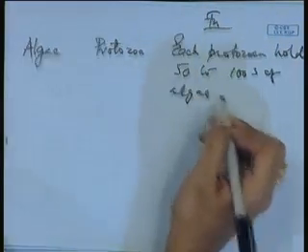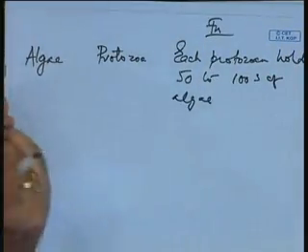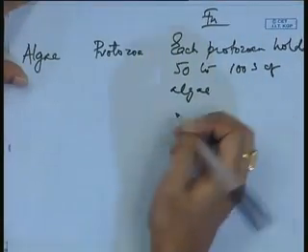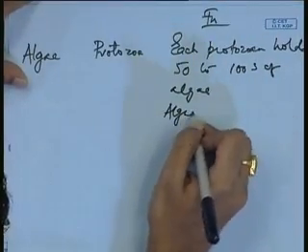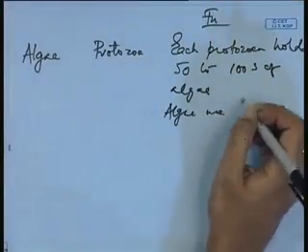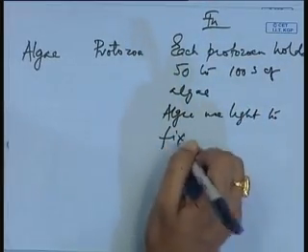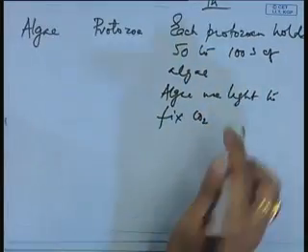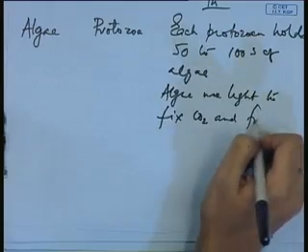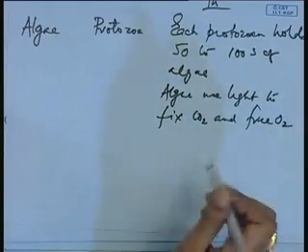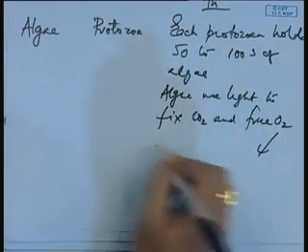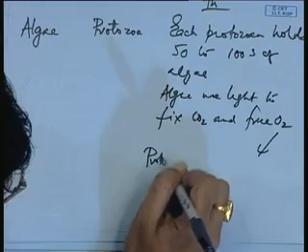And what does algae do? It is well known what an algae does. The algae use light, photosynthesis, to fix the carbon dioxide and free oxygen.